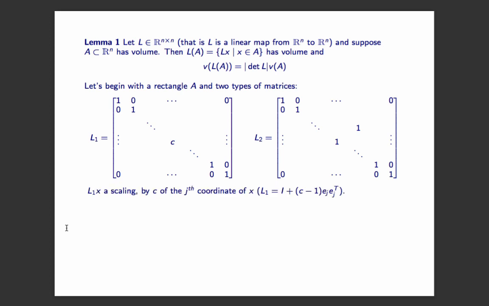So if I think of L1 specifically in the context of a linear map, that is, what it does when it's multiplied by a vector x, L1 x is a scaling by c of the jth coordinate of x.